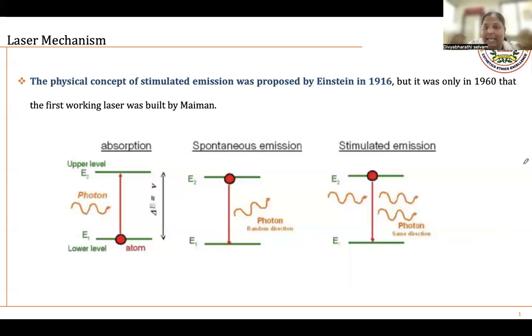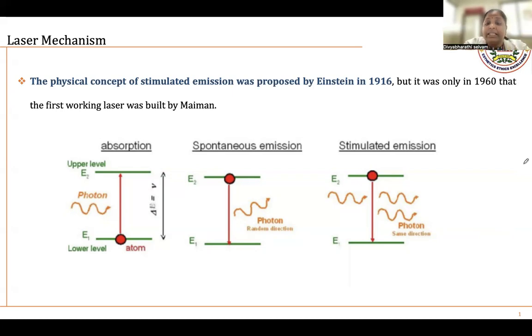The child takes the energy to get something they want, right? A child sees a chocolate on a high shelf. They climb a chair to reach it. So the energy from climbing is like absorbing energy. An atom will absorb a photon and then an electron jumps to a higher level. This is absorption.